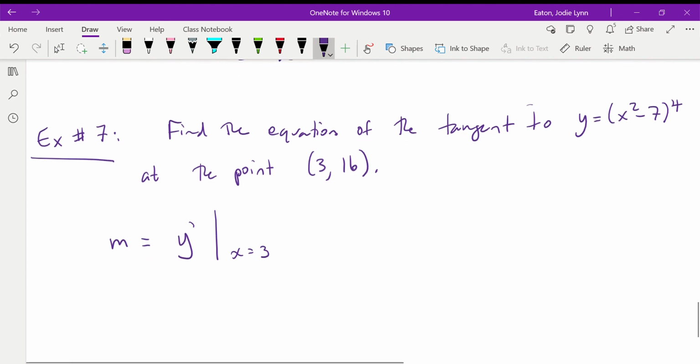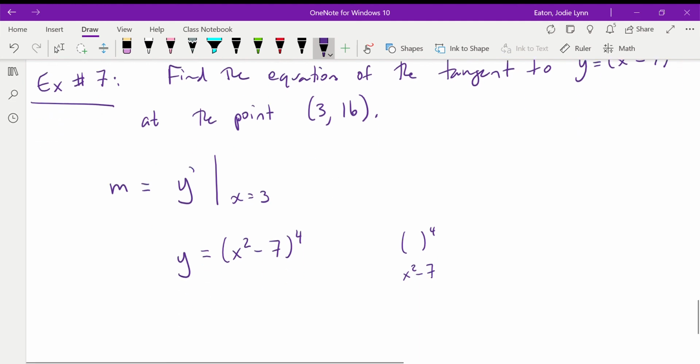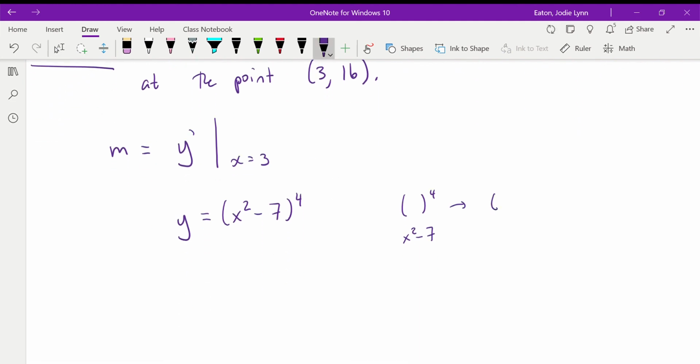So our y is (x squared minus 7) to the power of 4. Our outer function is stuff to the 4th, and our inner function is x squared minus 7. So stuff to the 4th gives us 4 stuff cubed. So y prime is going to be 4 times (x squared minus 7) cubed times the derivative here, that's just 2x.